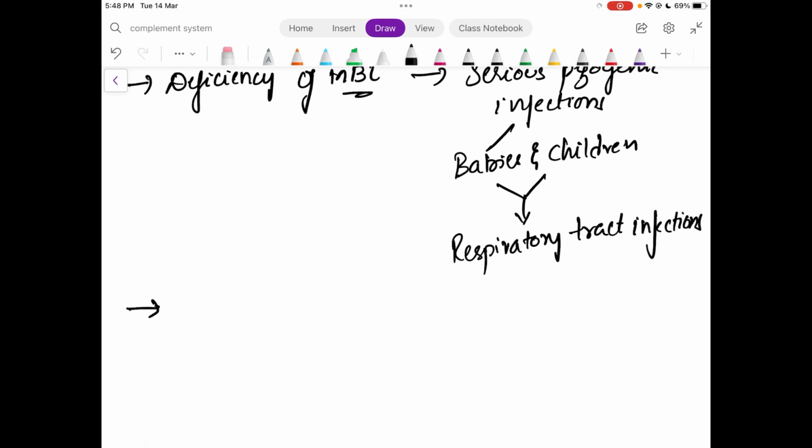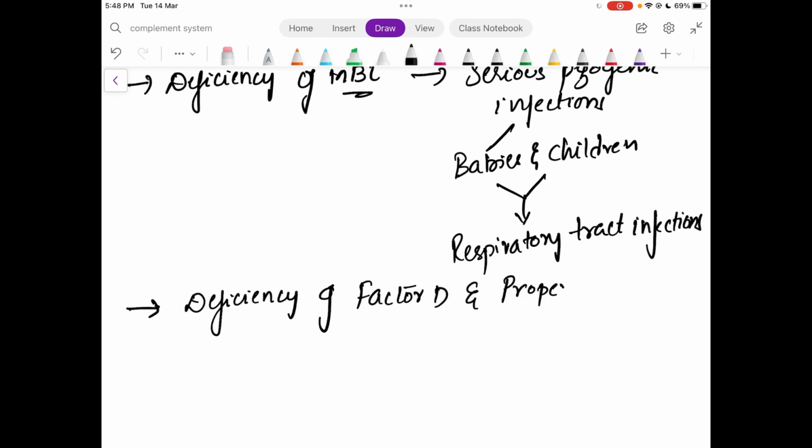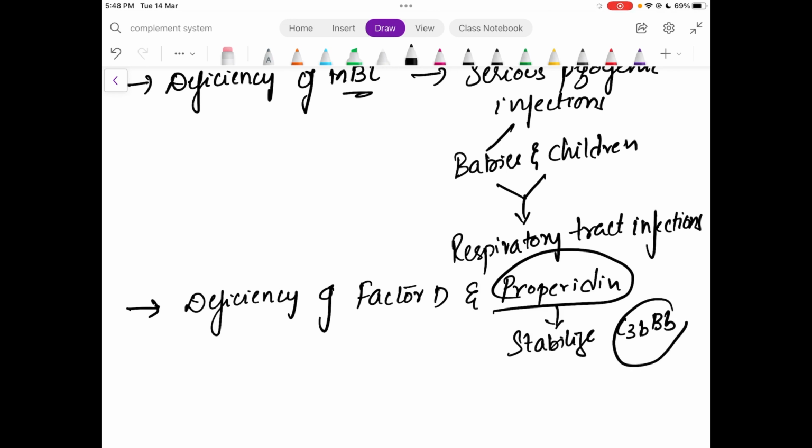And whenever there is a deficiency of factor D and properidin, what is the function of properidin? They will stabilize C3b and Bb. Okay, they will stabilize C3b and Bb.